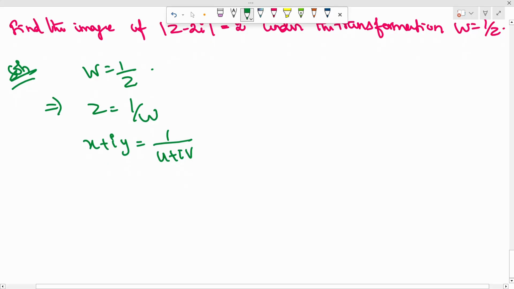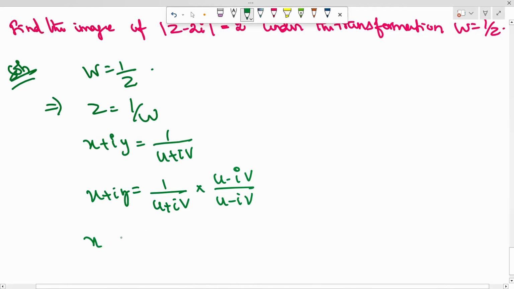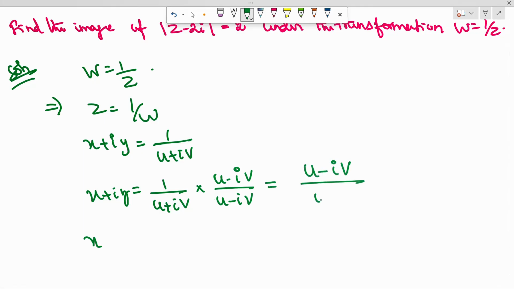From this we are going to write x and y values, but from this equation we can't write directly. If we take conjugate, we can easily write x and y values separately. Multiply with u minus iv divided by u minus iv. Now we can easily write x, first you multiply these two terms, u minus iv divided by u square plus v square, because it is in the form of (a plus b) into (a minus b).